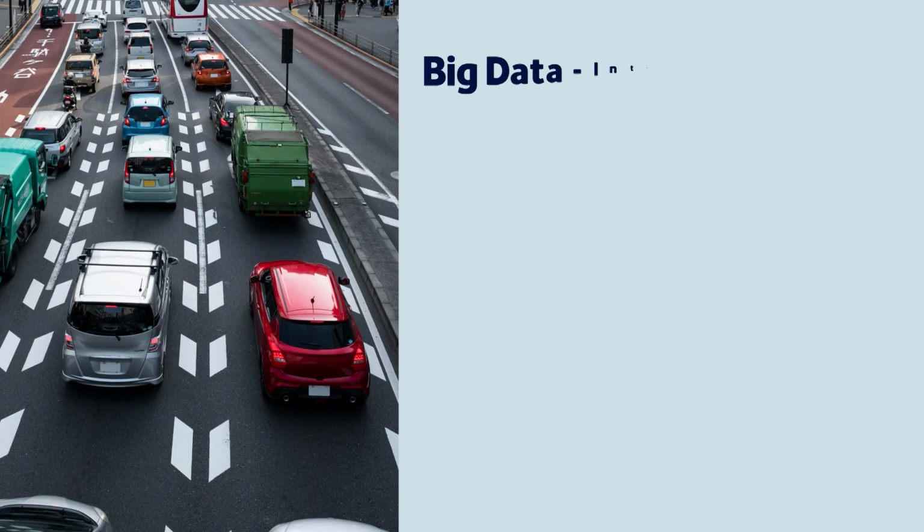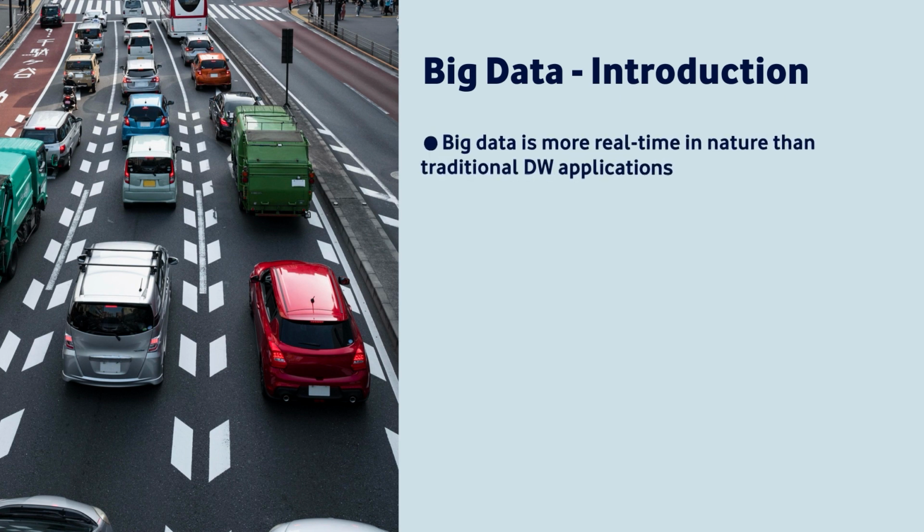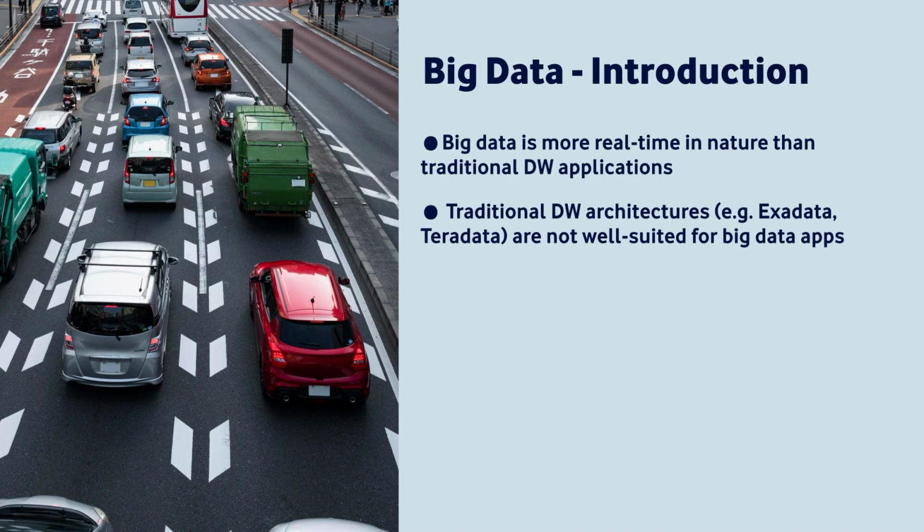If you talk about big data, big data is more real time in nature than our traditional technologies. When I say traditional technologies, we are particularly talking about data warehouse technologies. Data warehouse technologies are not really well suited for storing huge amounts of data, particularly when your database size is huge in volume.